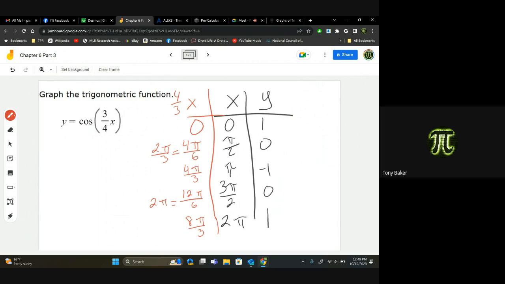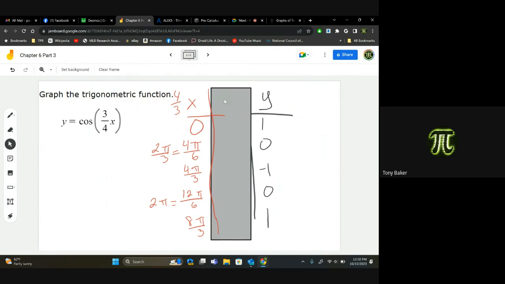Okay? So again, just like I was doing before, we're now going to eliminate that. And these are my new points. That's my x, and that's my y.